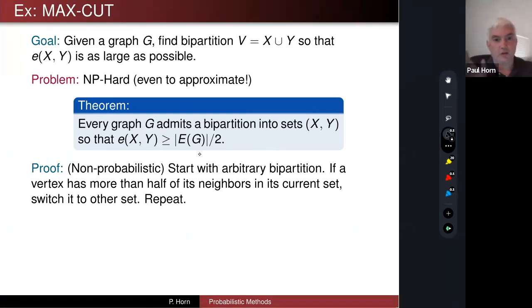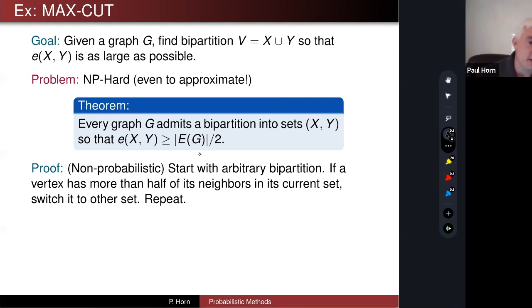If you have a vertex on one side that has more neighbors in its own set than in the other, you switch it to the other side. And you just do this. Every time you have a vertex that has more edges in its part than in the other part, you switch it over to the other side.